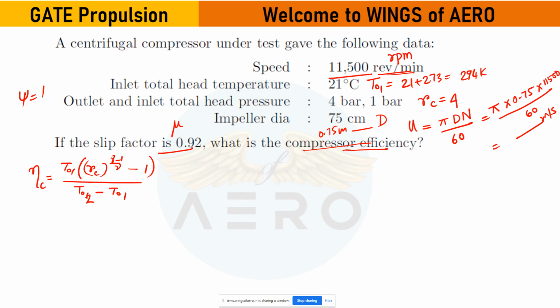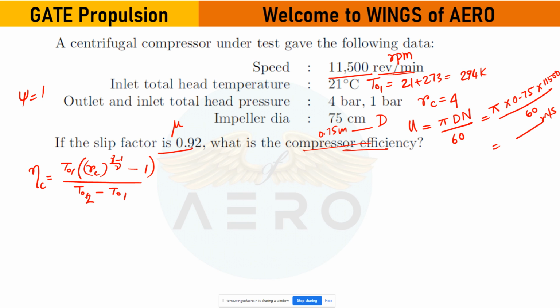Okay, this is one formula. Is there any other formula we can use? Here we have a slip factor. So how to utilize this slip factor? Any idea how we can proceed?